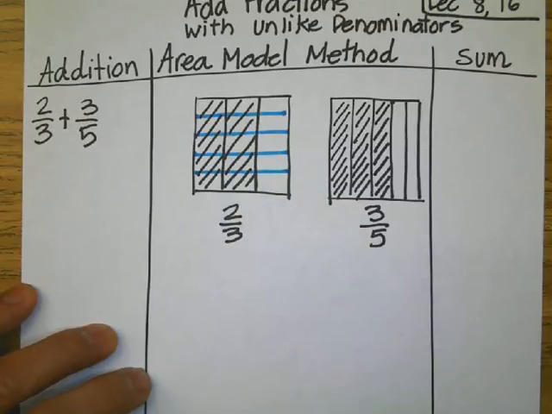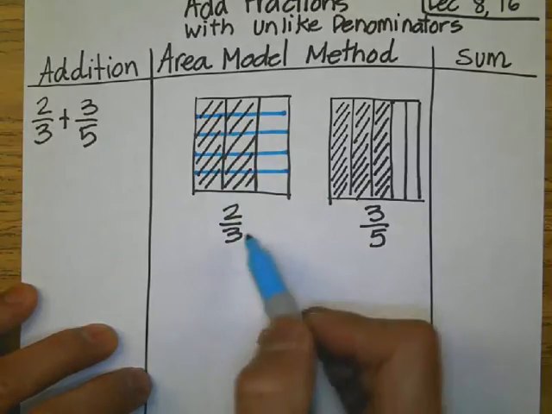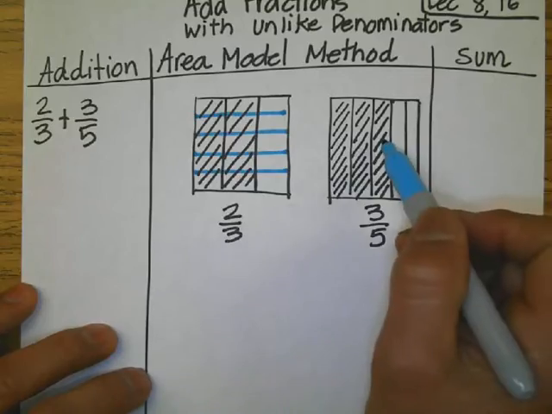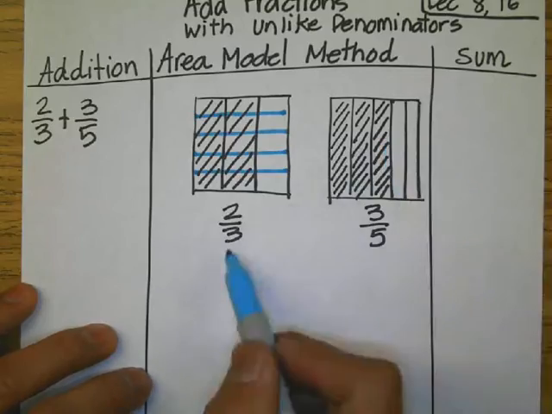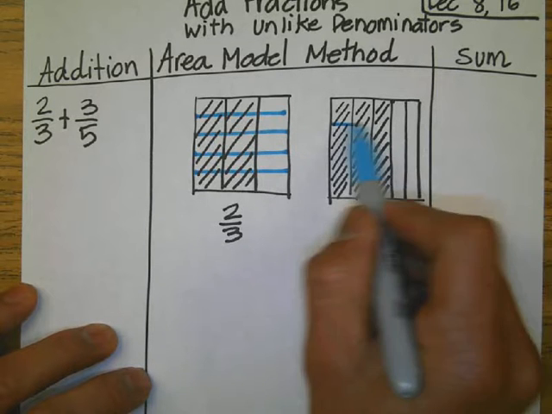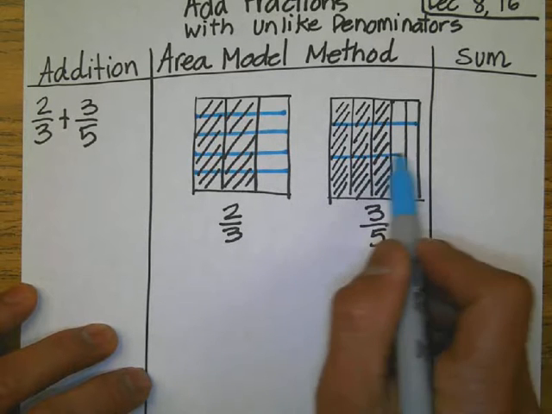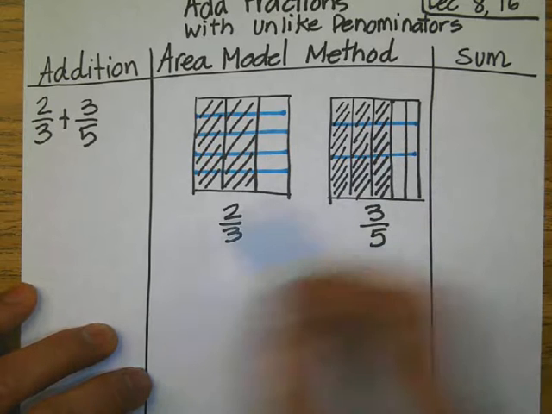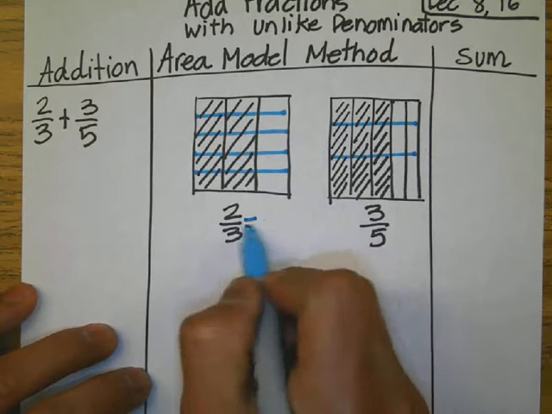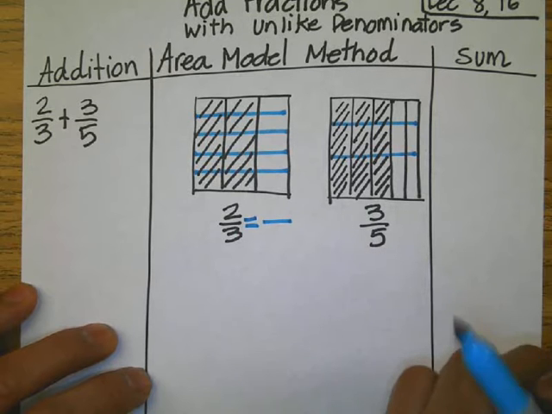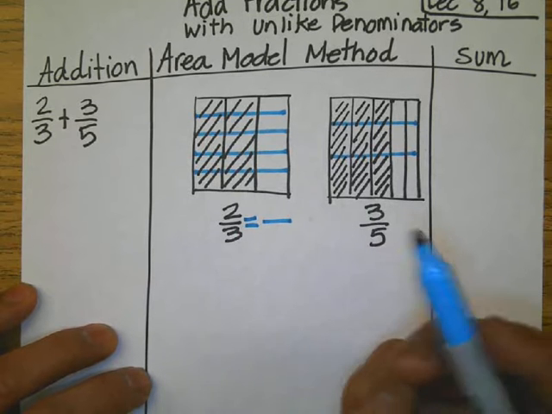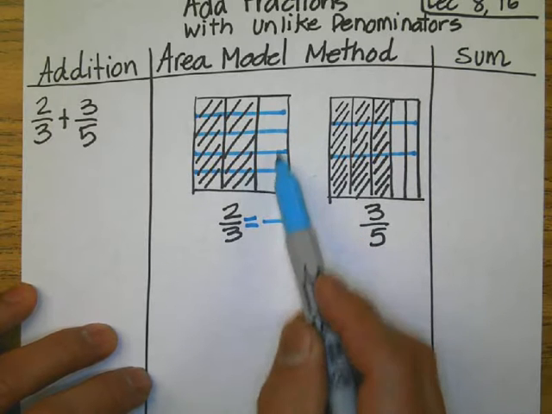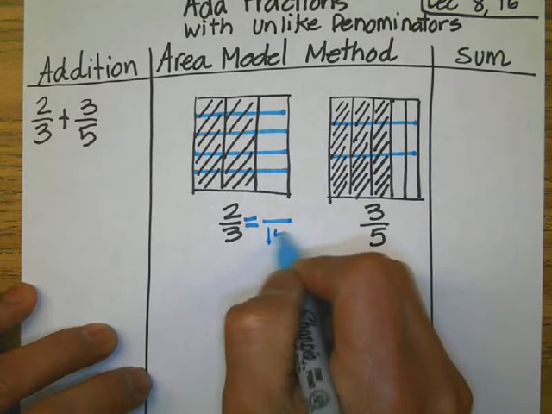And because this one is 3 parts, we have to cut this one into the same number of parts, 3 parts. As you can see, the denominators dictate what you do. Now we have different fractions, but they are equivalent fractions. We have 3 times 5 equals 15 parts now.